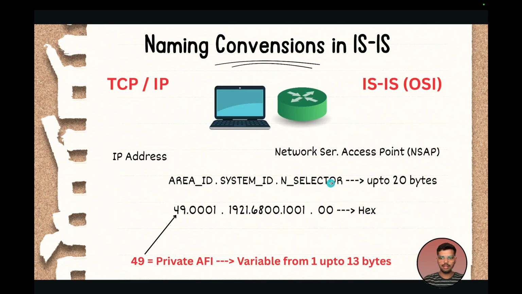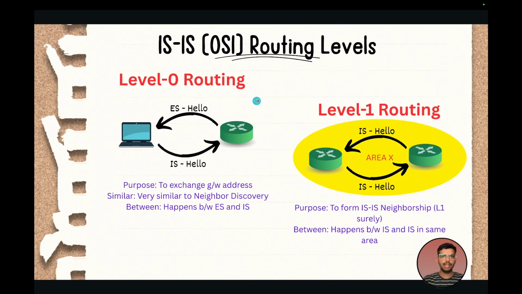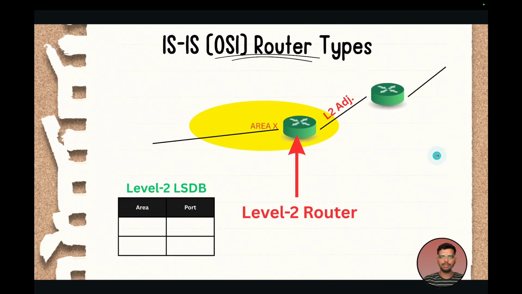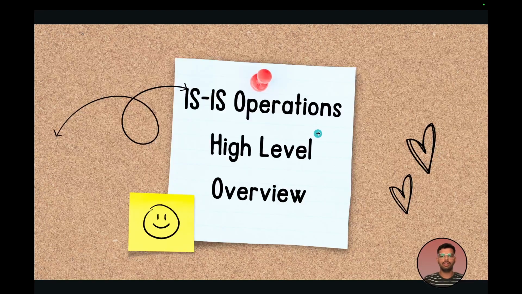Then this is the system ID that we use in the IS-IS addressing scheme. Then what are the different routing tables and the different router types. This was the previous session. If you are not aware of the first session, I might have a link over here in the I button. Please go through that link and you will get to know the basics of IS-IS.